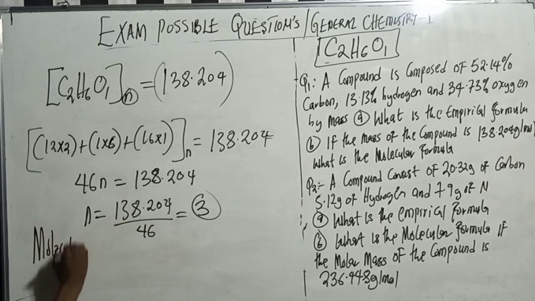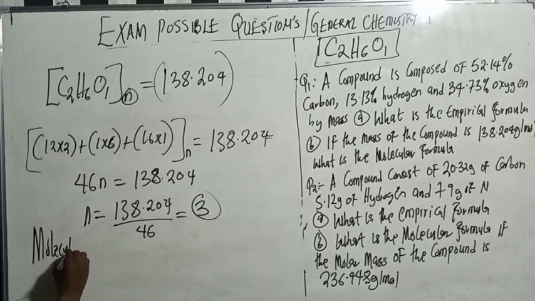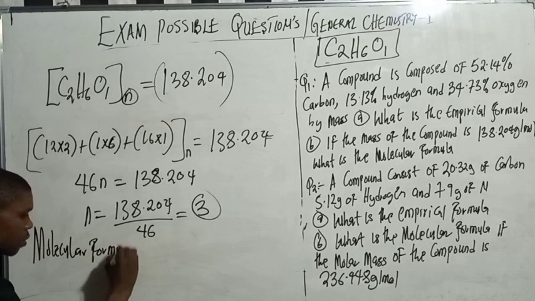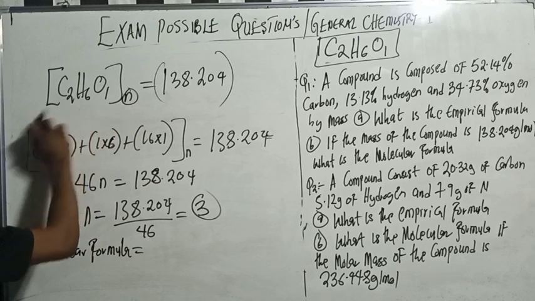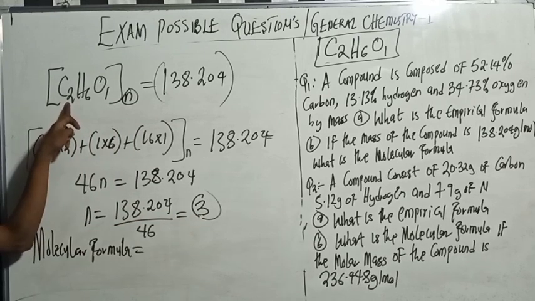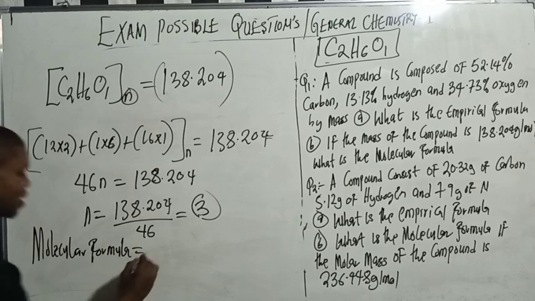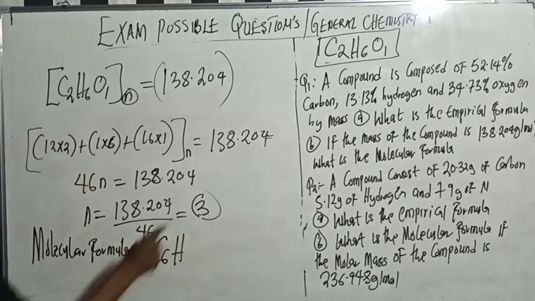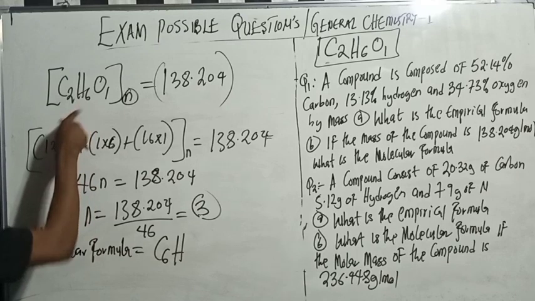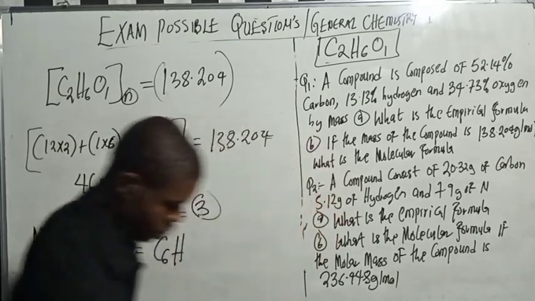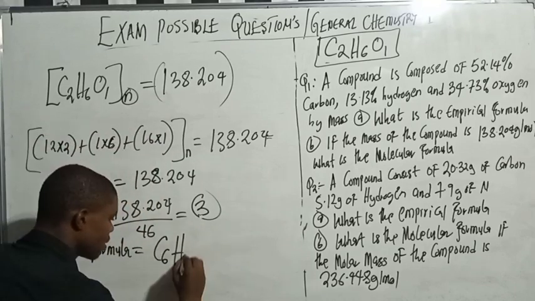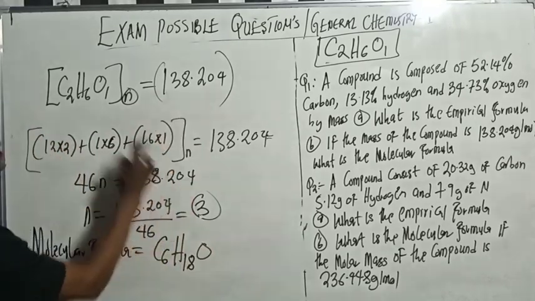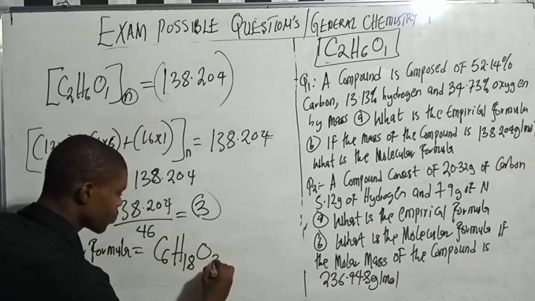My molecular formula is going to be my empirical formula multiplied by 3. You multiply everything: 3 times 2 is 6, 3 times 6 is 18, and 3 times 1 is 3.